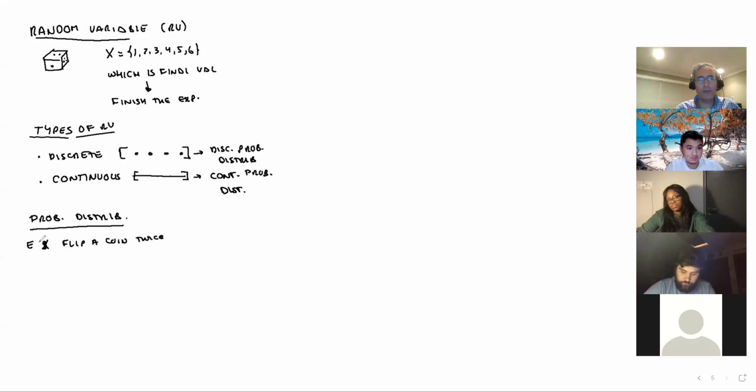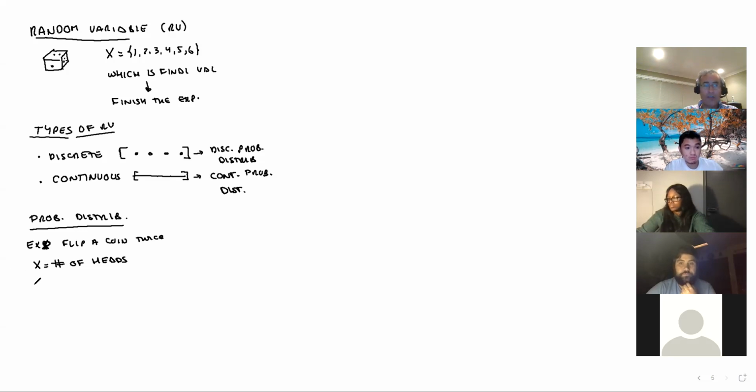This is my experiment. And I want my random variable to be the number of heads. So of course, how many heads can I have? I can have 0, 1, or 2.